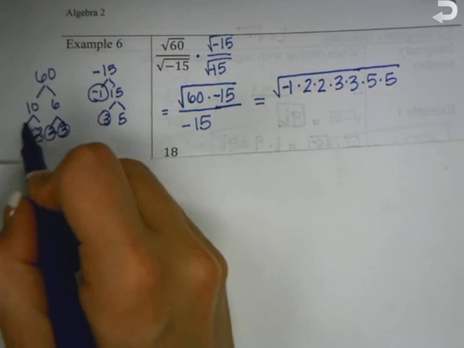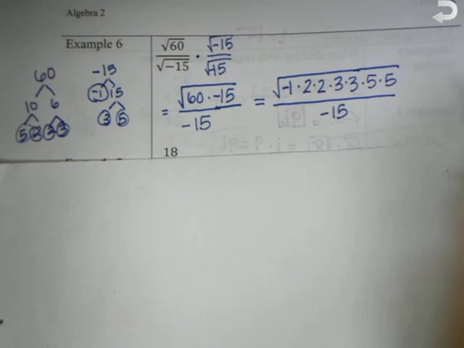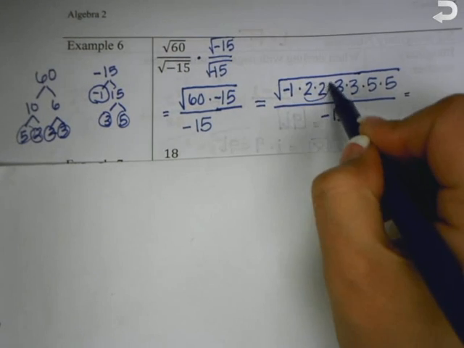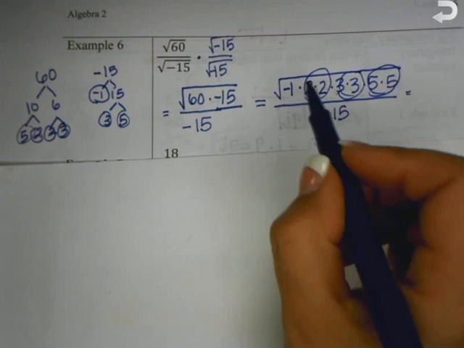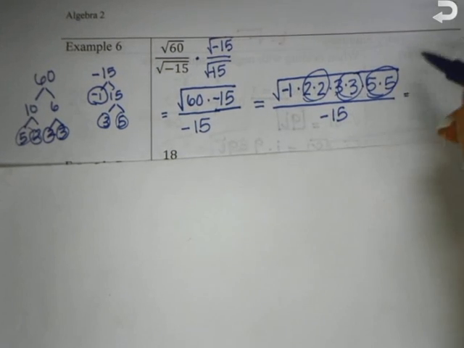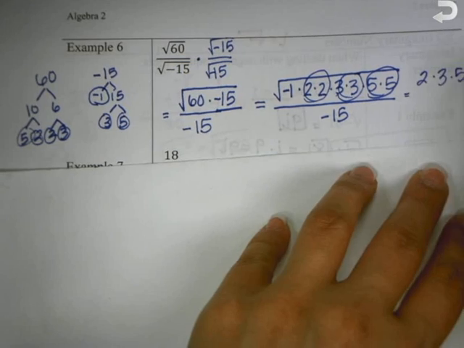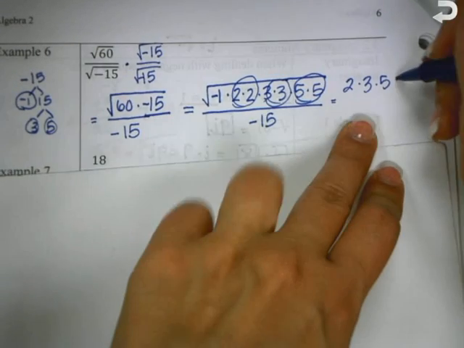We're going to pull them all out, times negative 15. Okay, so what does that give me? I have, this is a square, this is a square, this is a square. And we know the square root of negative 1, so that's going to be 2 times 3 times 5. And what's the square root of negative 1? I. All over negative 15.